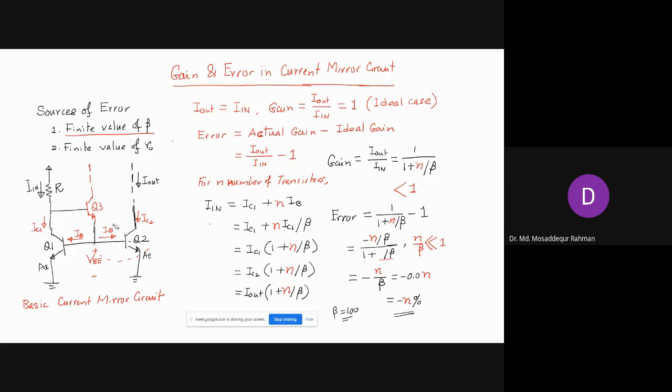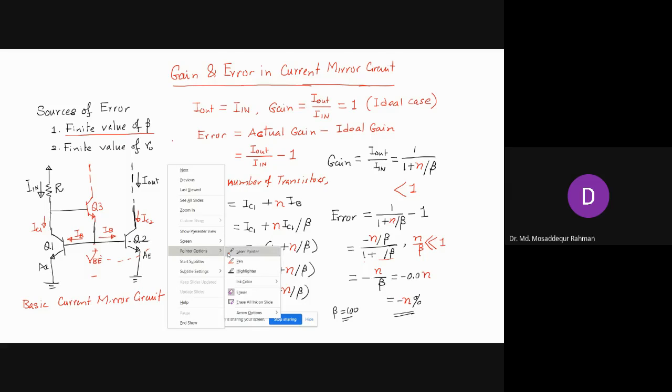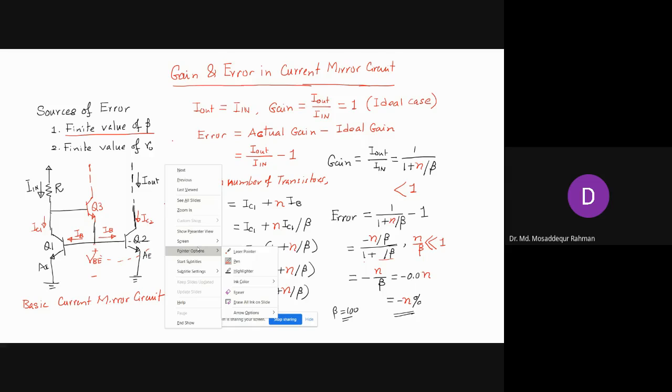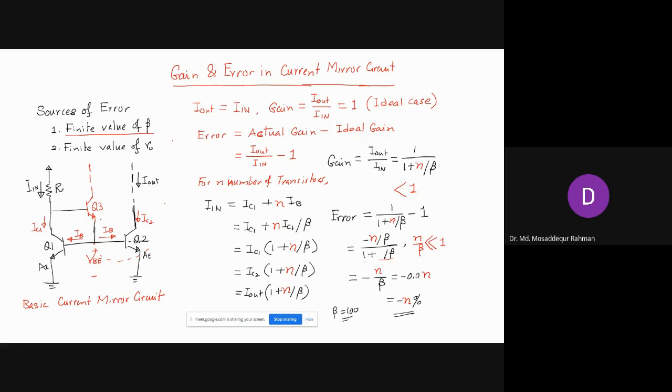So see how this is connected. So now the current here will be 2 IB, right?